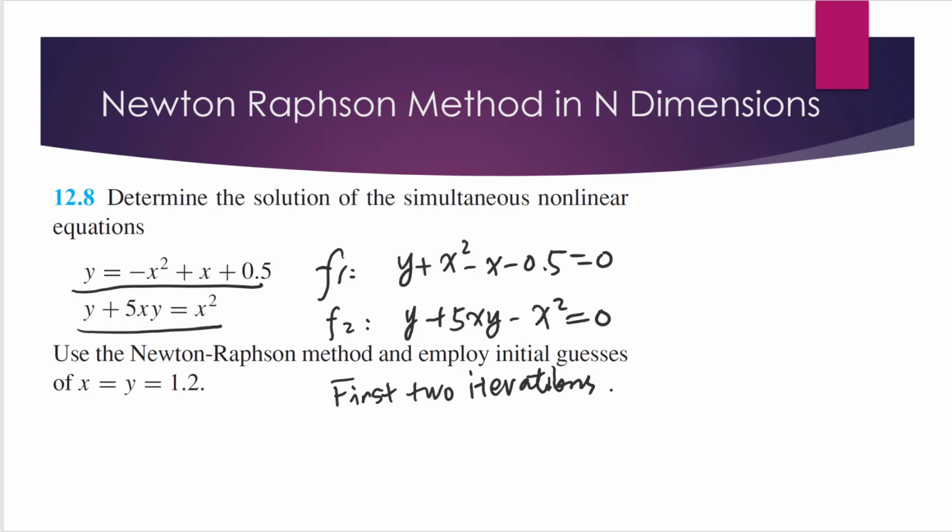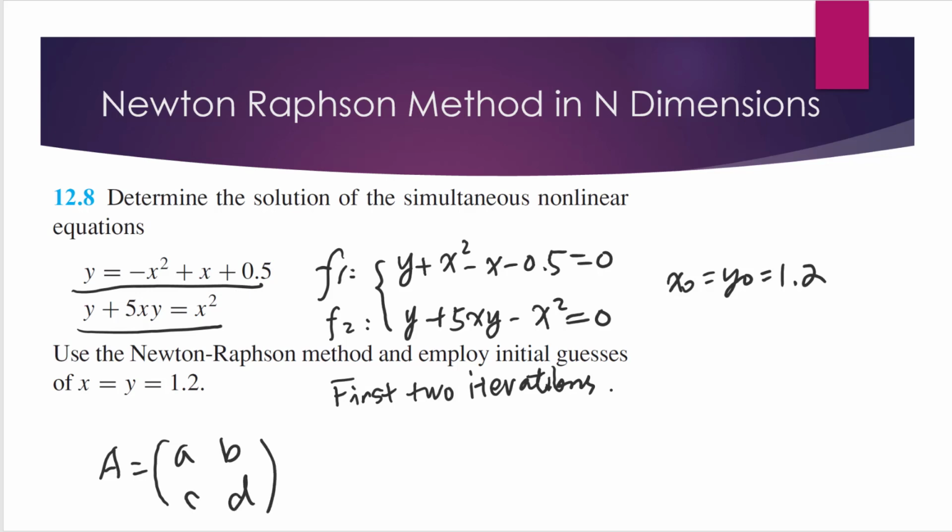When we do the first iteration, we need to evaluate the Jacobian inverse at the point x0, y0, where x0 equal to y0 equal to 1.2. When we find the Jacobian inverse, there is a formula for a 2 by 2 matrix. Assume matrix A is [a, b; c, d], a 2 by 2 matrix.